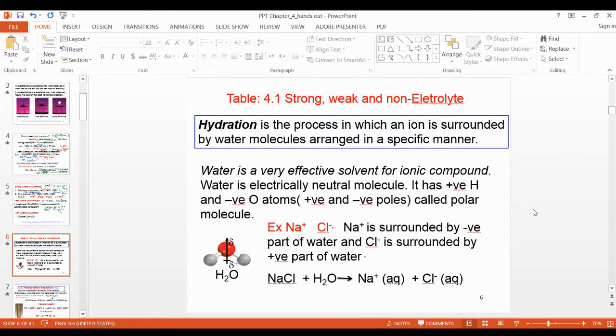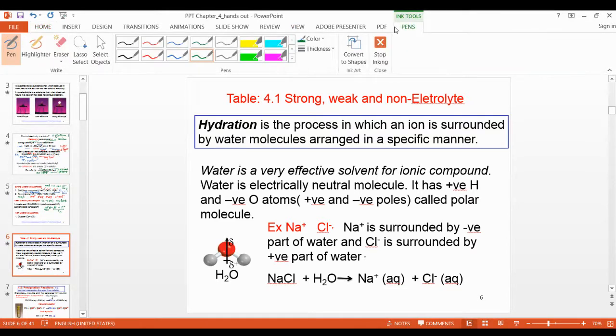How do they arrange? Because you know the water molecule, this is water, H2O. So we can write water like this: H, hydrogen, hydrogen. All right. Then oxygen is negative and this hydrogen is positive.